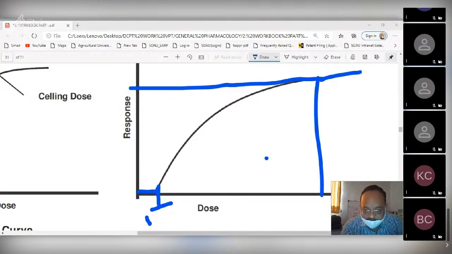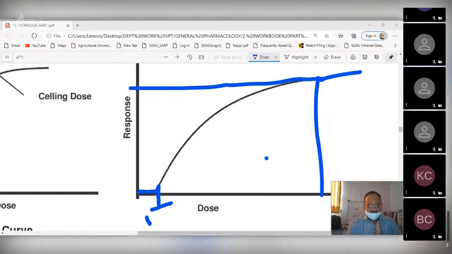Now, what are the different components of the graded dose response curve? It is very easy to understand. First one is the threshold dose. If you give 0 milligram, naturally there will be no effect because practically we are not giving the dose.